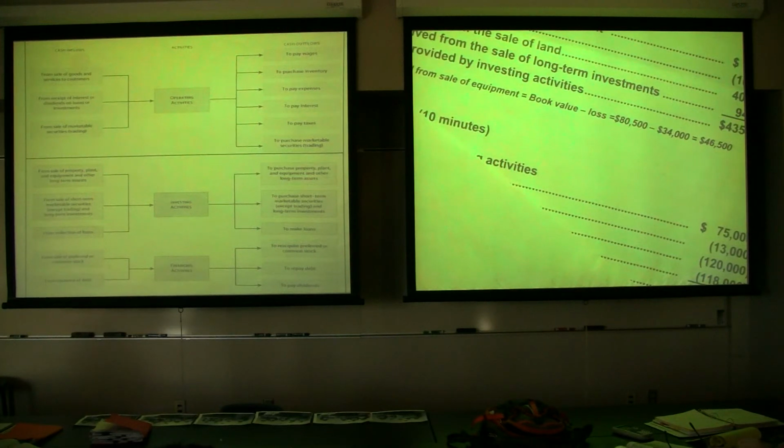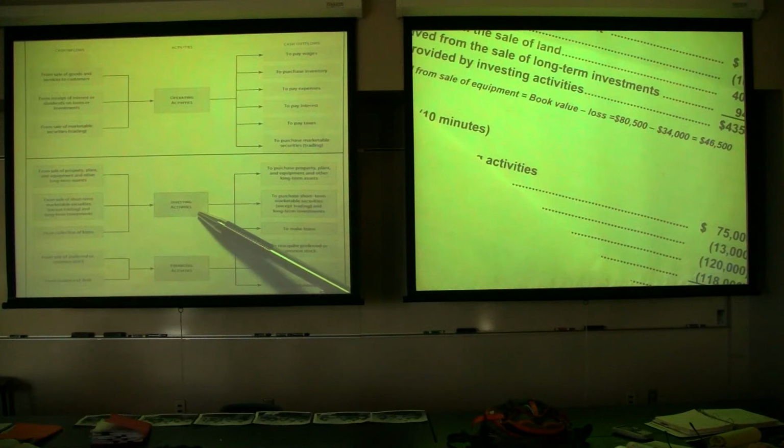Investing activities: from the sale of property, plant, and equipment, and other long-term assets, from the sale of short-term marketable securities, and from the collection of loans. And then money out to purchase property, plant and equipment, and other long-term assets, to purchase short-term marketable securities, to make loans. So if you lend money, it's an investing activity.